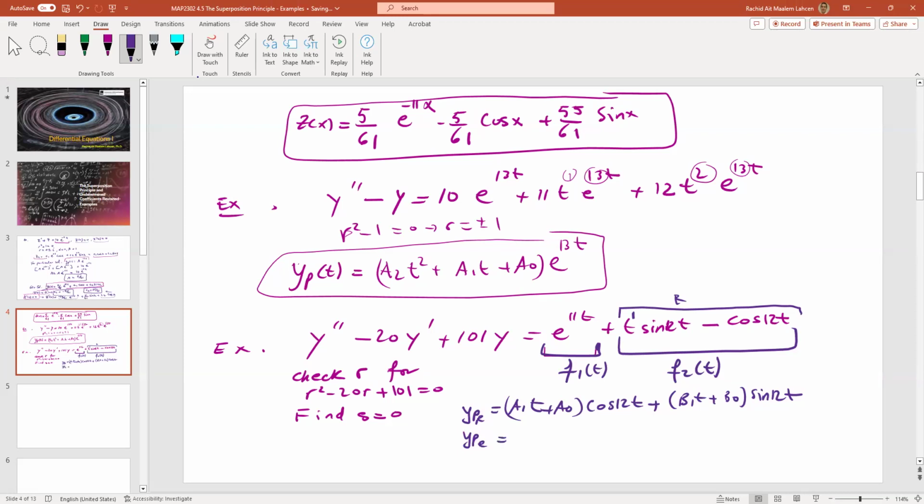Because it's just the exponential, we expect some constant times that, where alpha is 11. Okay, so now it's the sum of these two based on that principle. So the particular solution for this equation is combining the two.